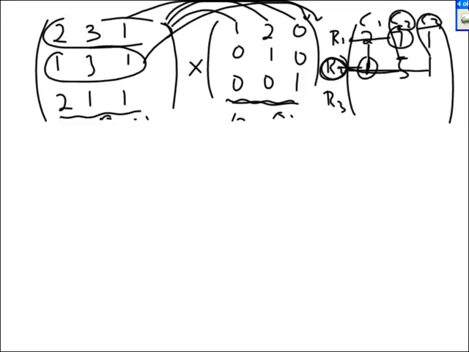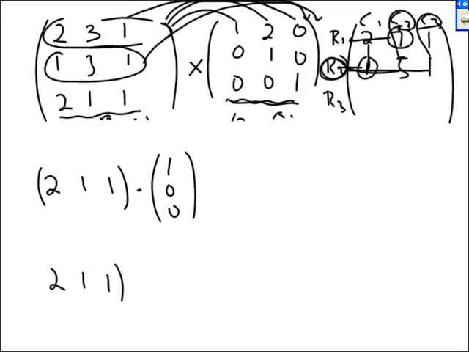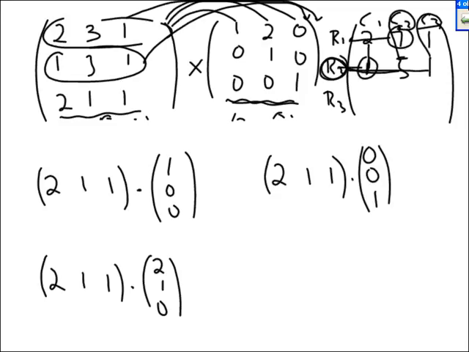We're going to dot the third row, 2, 1, 1, with each of the columns of the second matrix. 1, 0, 0, 2, 1, 0, and lastly, the last column, 0, 0, 1.